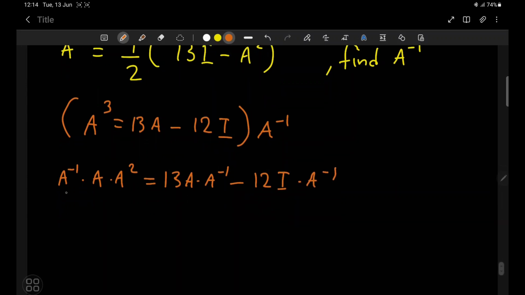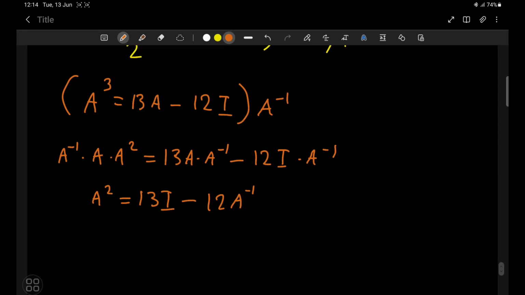If we multiply A with its inverse, we'll get the identity matrix. And the identity matrix multiplied by A squared is just A squared, which is equal to, then A with A inverse will give us the identity matrix, and then minus 12 A inverse. We'll have the inverse matrix written.